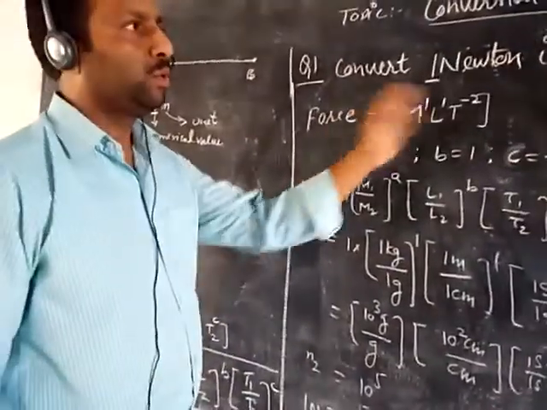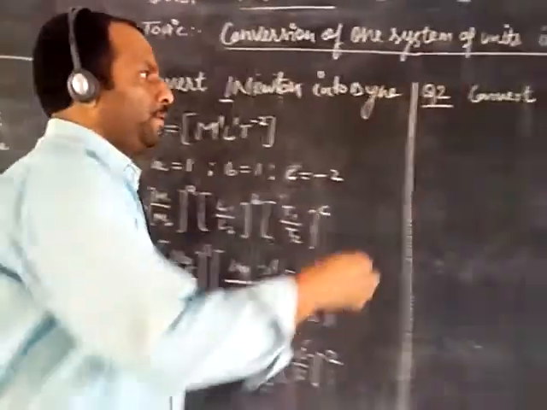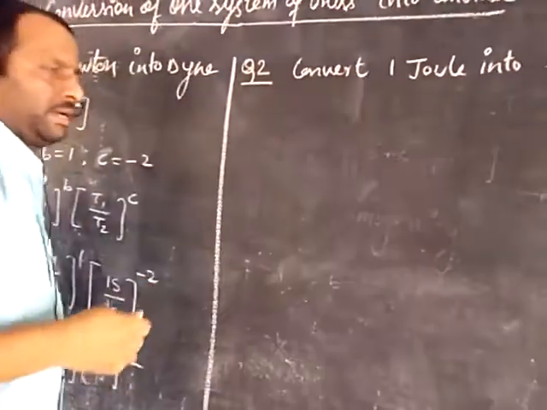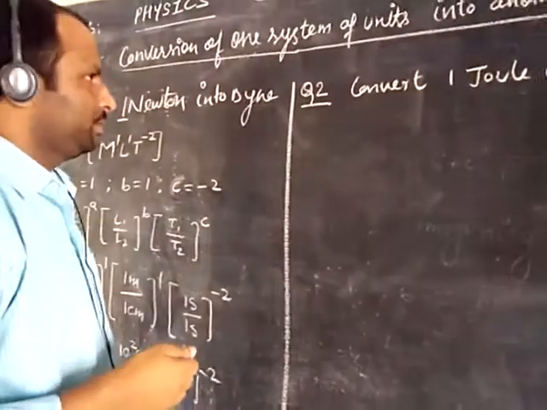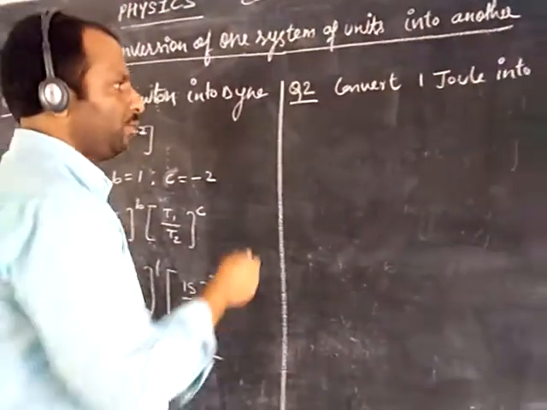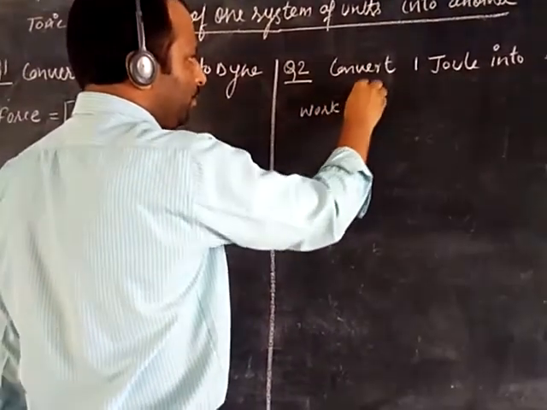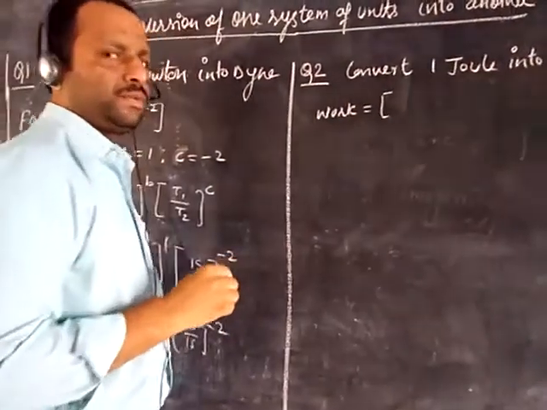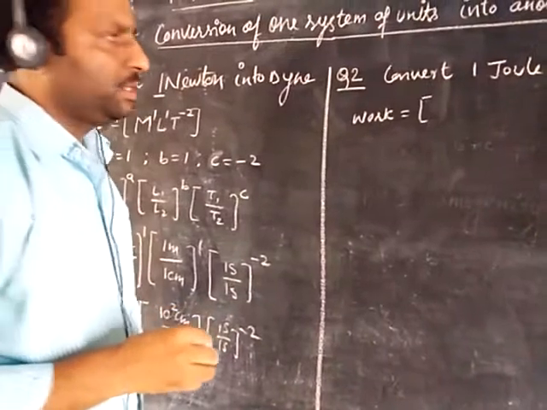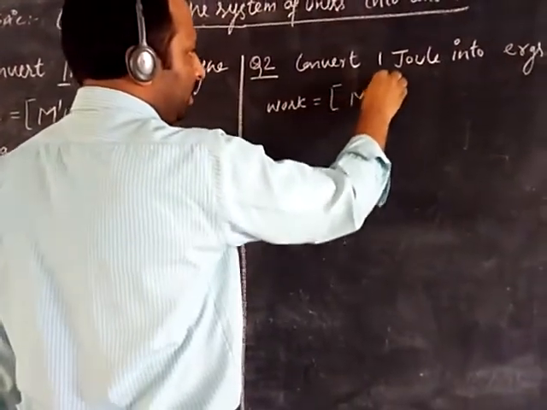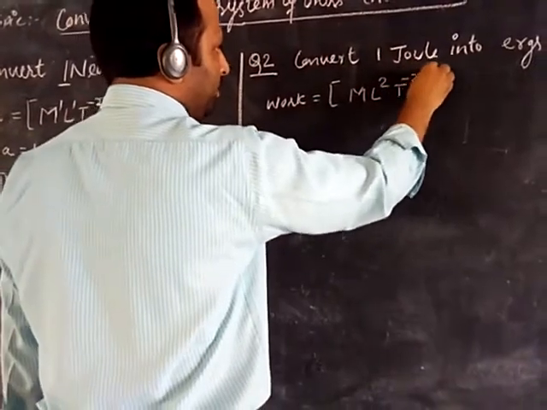One more question we will practice. Convert 1 joule into erg. Joule and erg are the units of work, and we know that work is defined as force multiplied by displacement. So the dimensions are M L square T to the power -2.